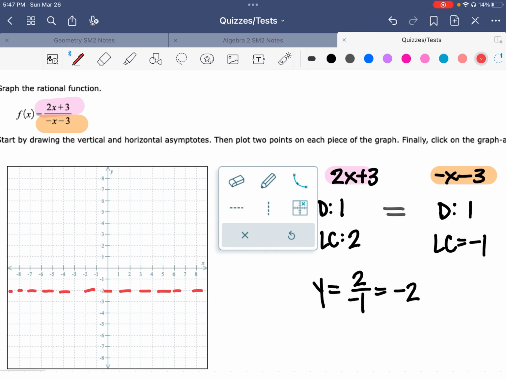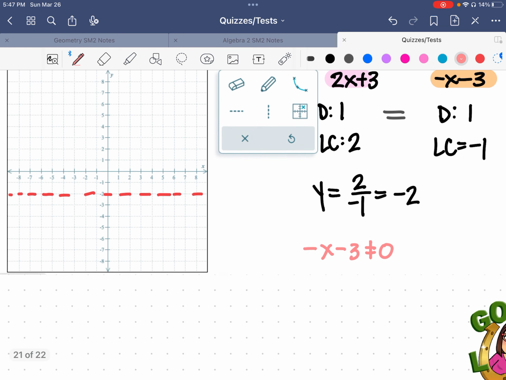And then to find my vertical asymptote, I'm going to take Q, my denominator, Q of X, and I'm going to set it equal to 0, and I'm going to go ahead and solve. So I'm simply going to solve this equation.